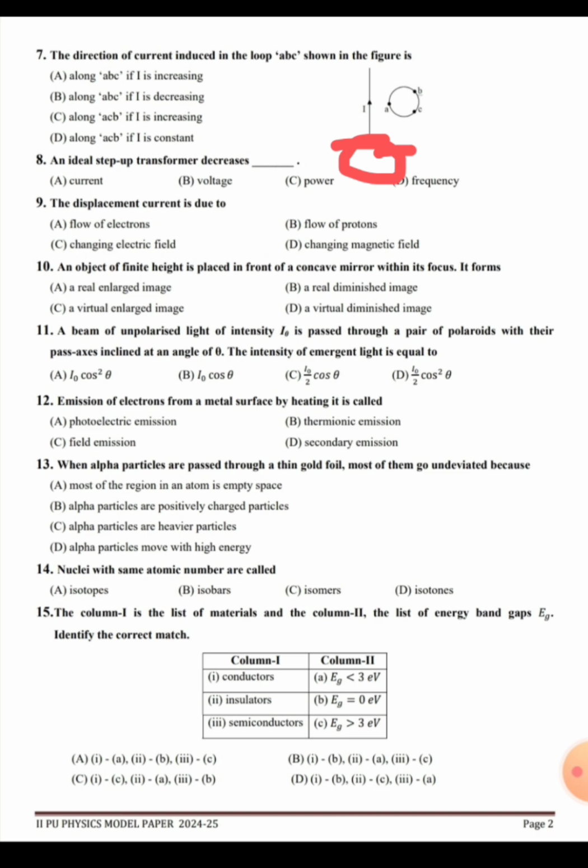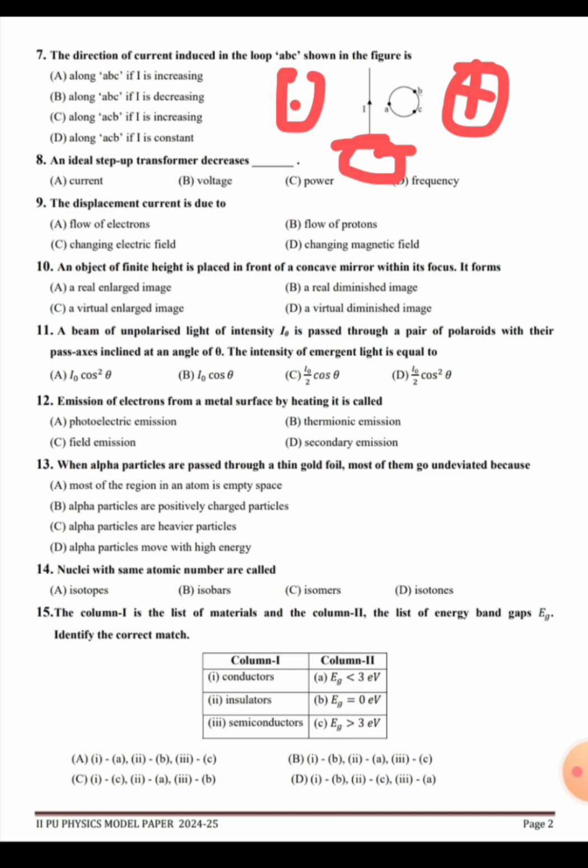It is anti-clockwise. Now we know that when there is a current in the wire, on both sides of the current carrying wire there is a magnetic field. Here the magnetic field is acting away from us on this side, and on this side it is towards us. Since there is a loop on the right side, the magnetic field lines passing through that loop change.